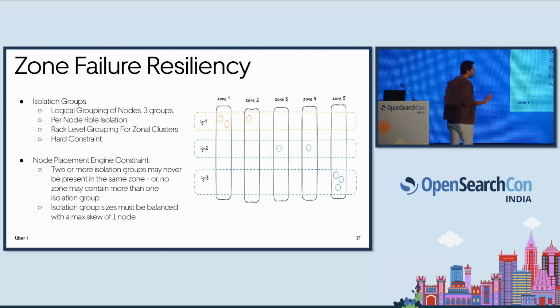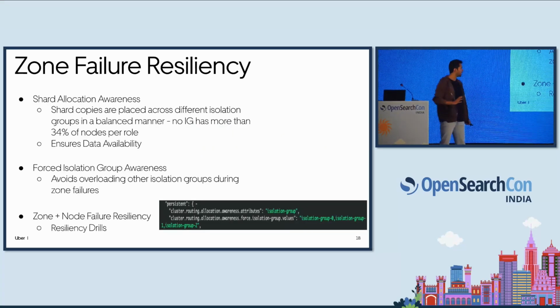But there is still a problem with that. The problem could be that maybe these data nodes actually host more primary shards than necessary, which can actually bring down your index if one of the zones goes down, right? So keeping this isolation group concept in mind, what do we do next?